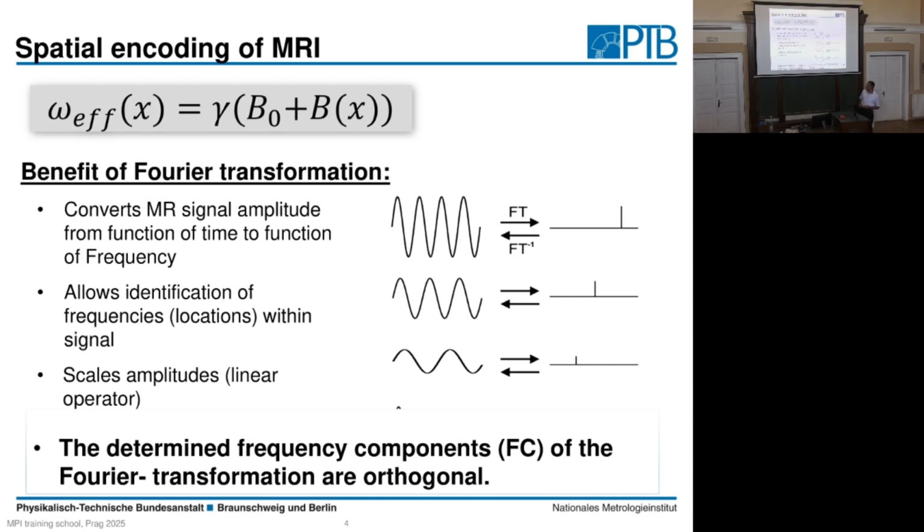And further, it's mostly not said, but the frequency components resulting from the Fourier transformation are orthogonal to each other. What this means, I hope I can describe in the next few minutes.